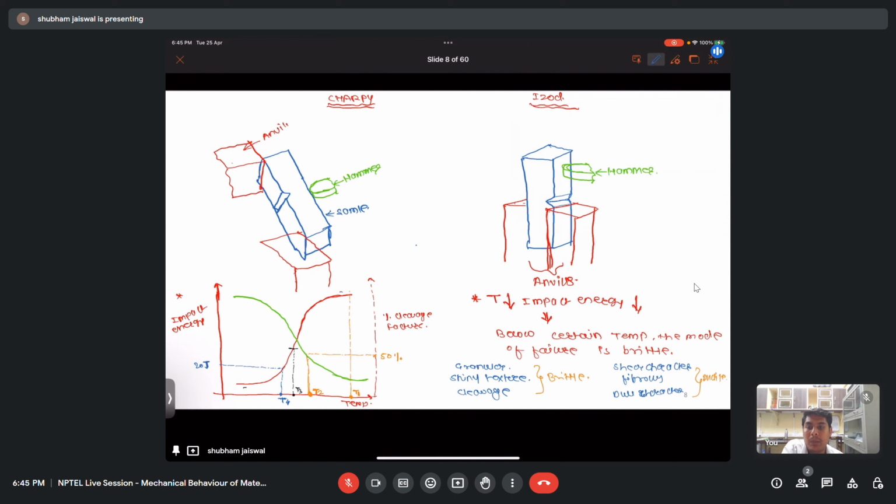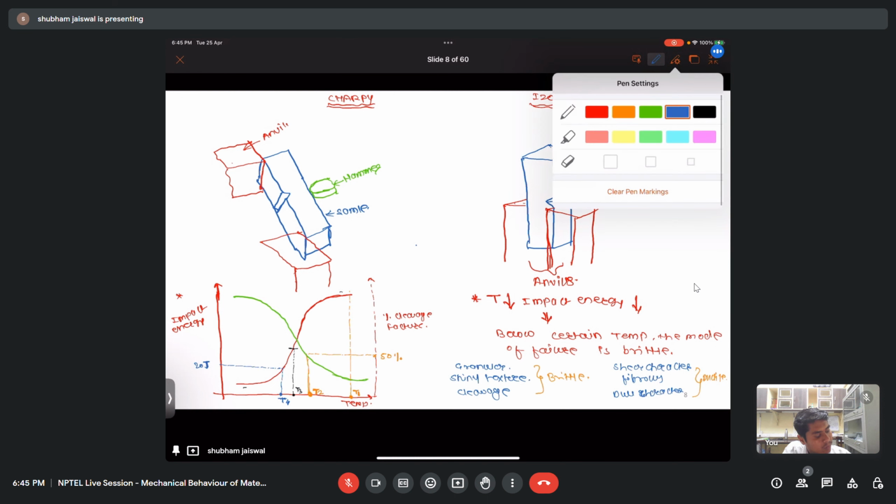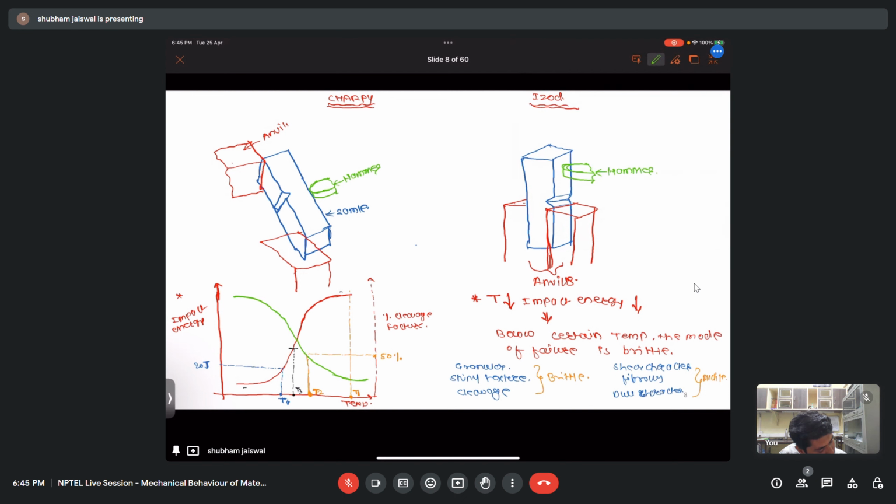This is the temperature that we call the ductile to brittle transition temperature. And then we have the fifth temperature, T5, the nil ductility temperature, meaning the probability of ductile fracture at this point is negligible.